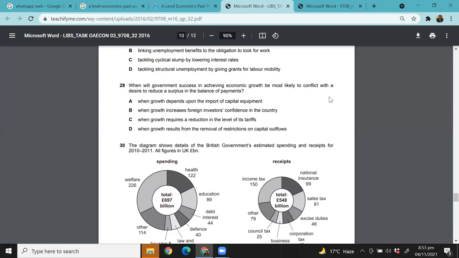Surplus. When growth increases foreign investors' confidence in the country. Increases. When growth requires a redistribution in the level of its tariff.